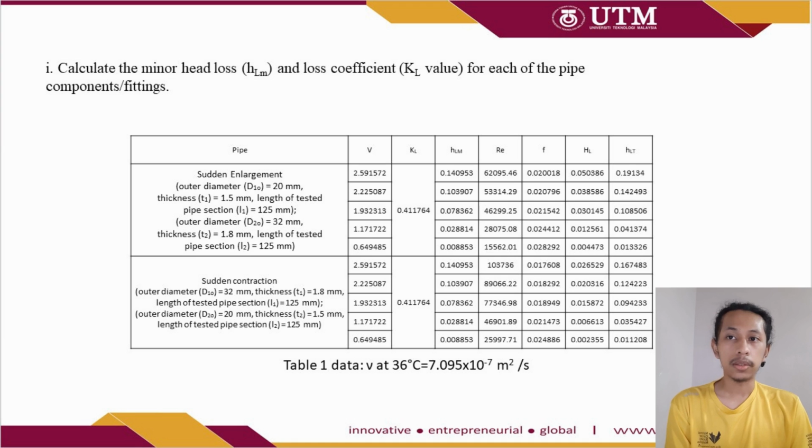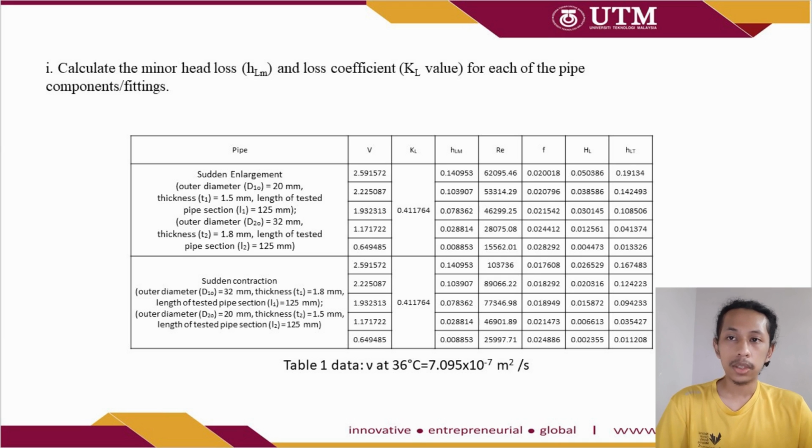Then from the V that we found, we can find the Reynolds number, which is Reynolds number equals V di over the kinematic viscosity. For the kinematic viscosity, we assume the temperature of the flowing water gives 7.095 times 10 to the power of -7 meters squared per second.